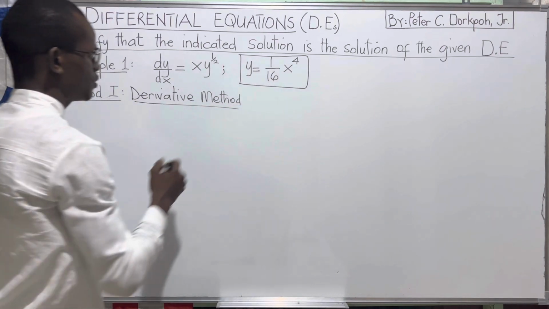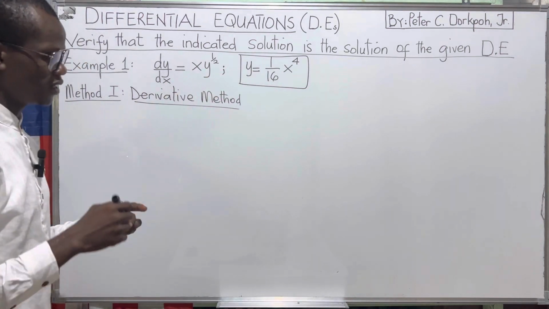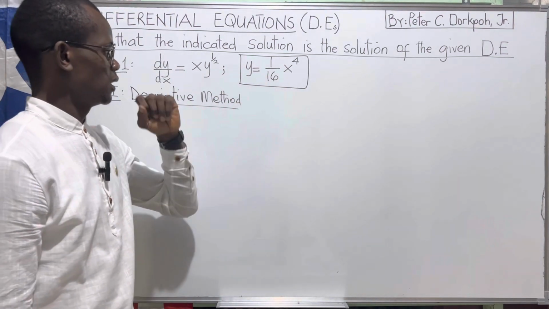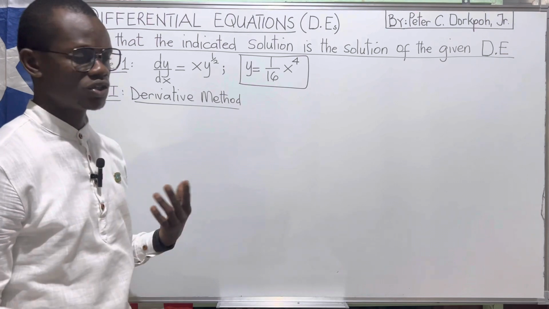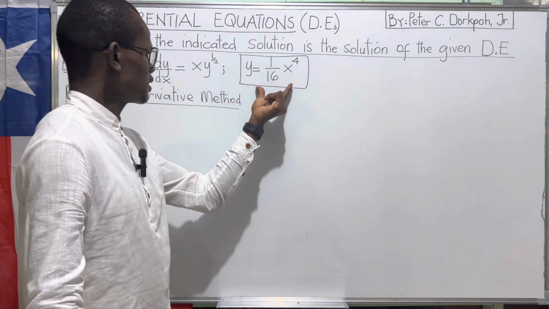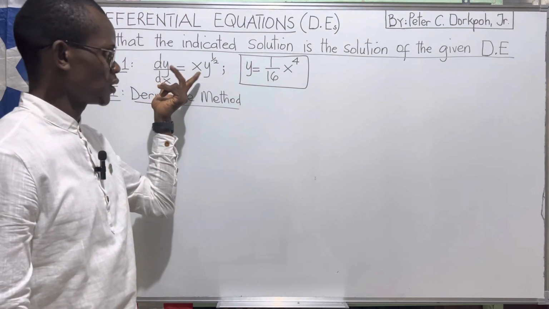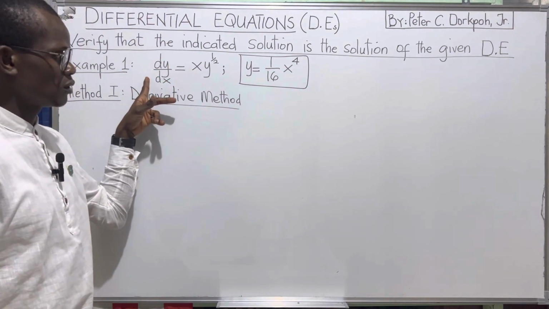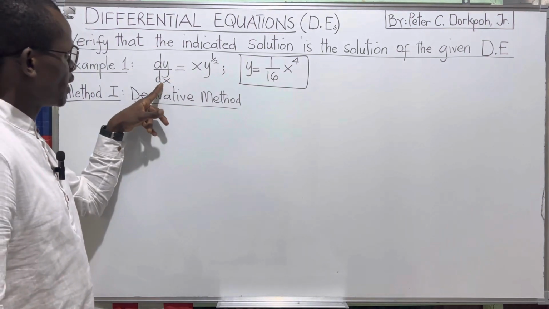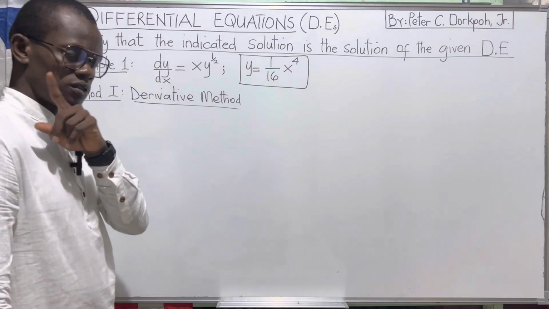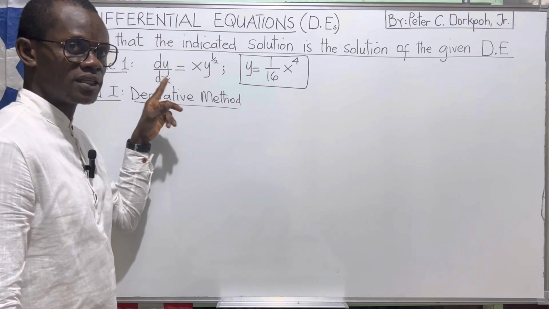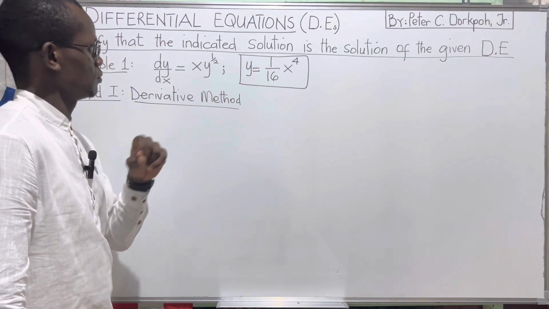I want to work with this solution because if you are given a particular solution and you are asked to determine whether that given solution is actually a solution to the differential equation, look within the differential equation. What are the derivatives within it? In this differential equation, we have just a first order derivative, dy by dx, a first order differential equation.